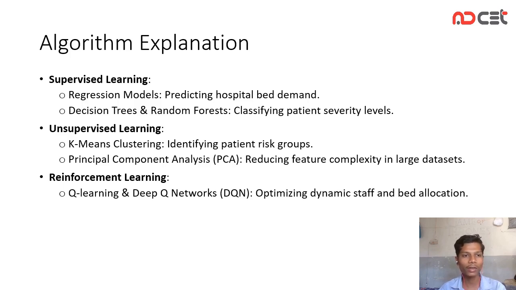The second is decision trees and random forest for classifying patient severity levels. Next is unsupervised learning, in which they use k-means clustering, identifying patient risk groups, and principal component analysis (PCA) to reduce feature complexity in large datasets. Third is reinforcement learning, Q learning, and deep Q networks (DQN), optimizing dynamic staff and bed allocations.